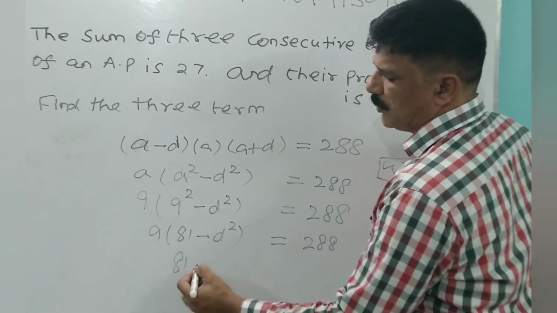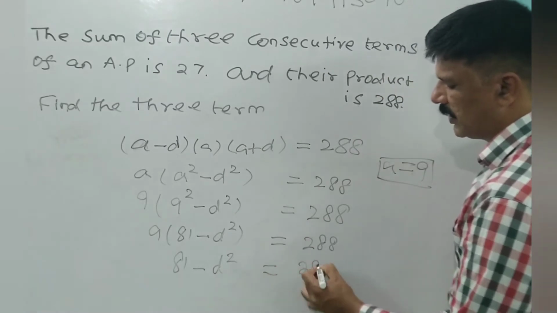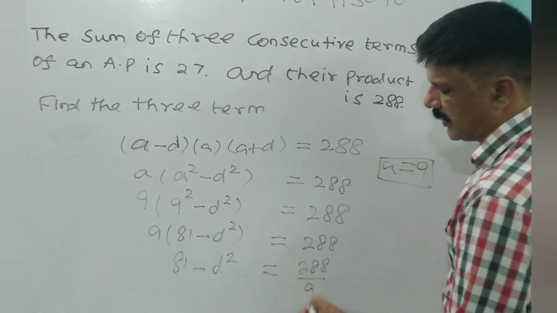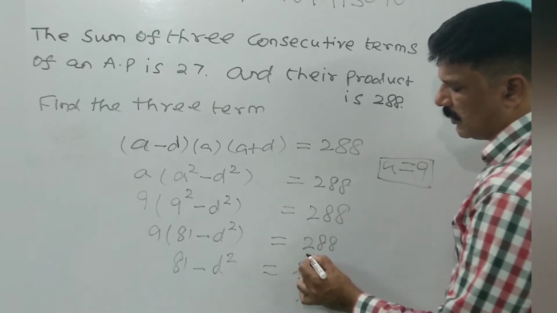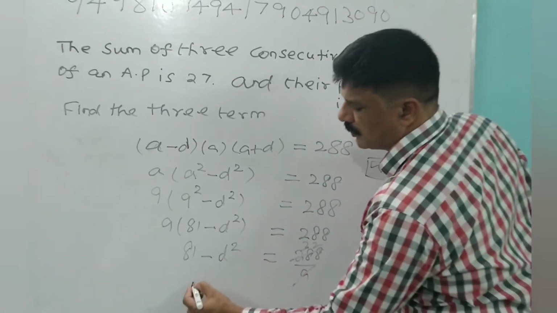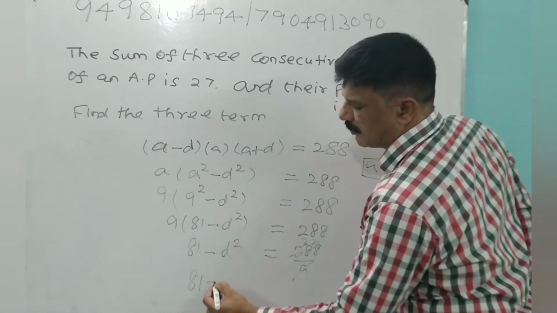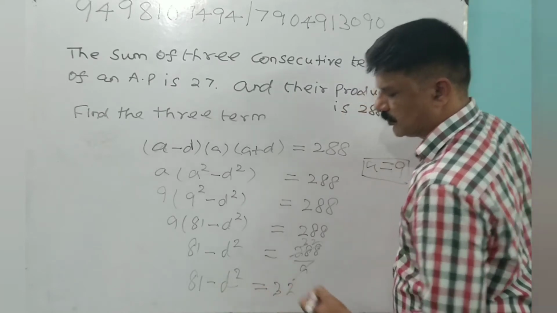Next step, 81 minus d square equal to 288 divided by 9. When we cancel by the 9th table, 9 3s are 27, 9 2s are 18. So 81 minus d square equal to 32.